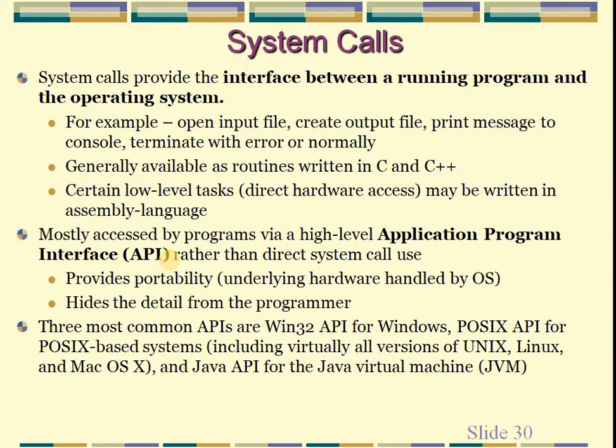It provides portability and hides the details from the programmer. The most common and popular APIs are Win32 for Windows, the POSIX API for POSIX-based systems, and the Java API for the Java virtual machine.